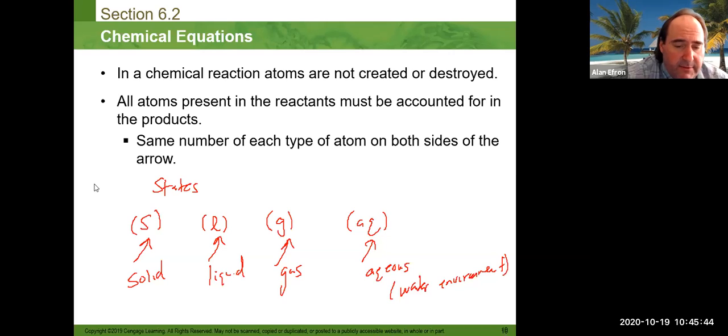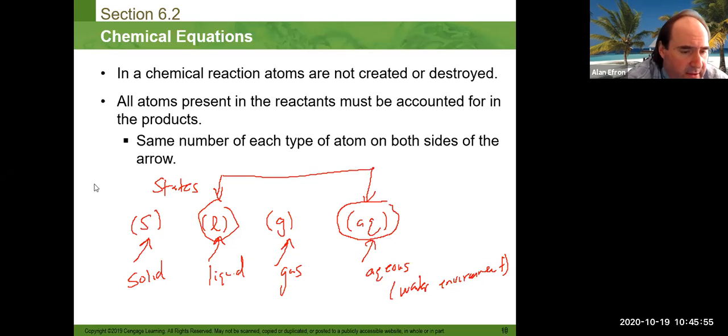And very often people are confused about the difference between these two states, liquid and aqueous. And there actually is a difference between liquid and aqueous. If something is a liquid, it's a pure liquid by itself. So for example, if we had just plain old H2O, that is a pure liquid and would get the L symbol next to it.